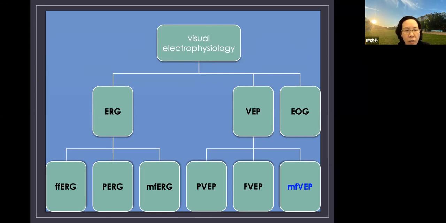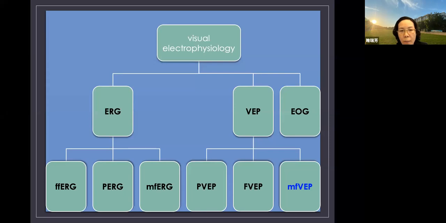For ERG, based on the method, the location, and the stimulation, we can divide ERG into full-field flash ERG, pattern ERG, and multifocal ERG. For VEP, we have pattern VEP, flash VEP, and multifocal VEP. We do not have other divisions for EOG.